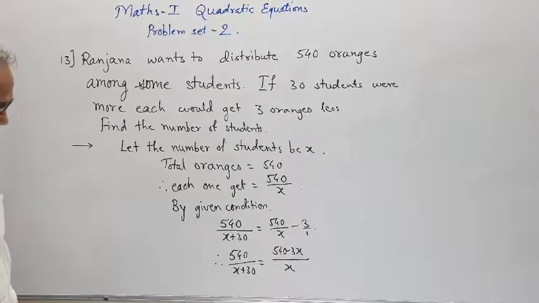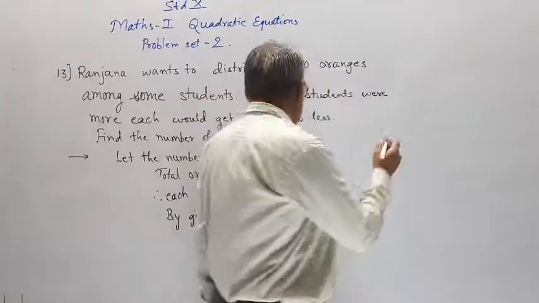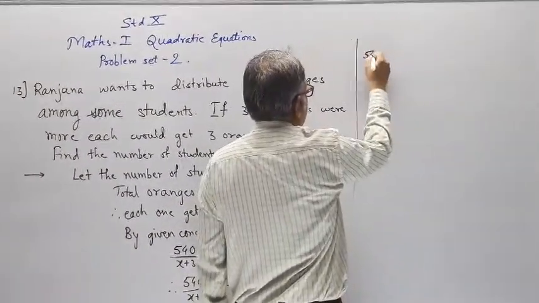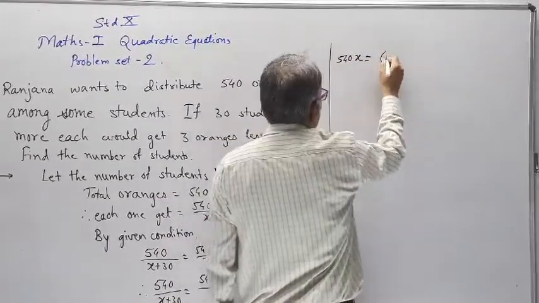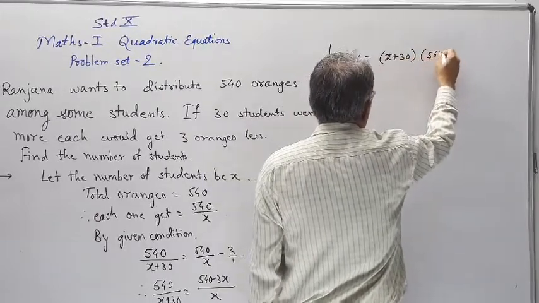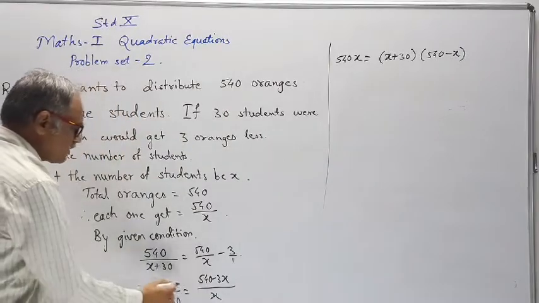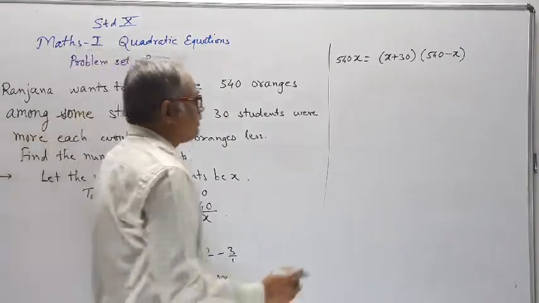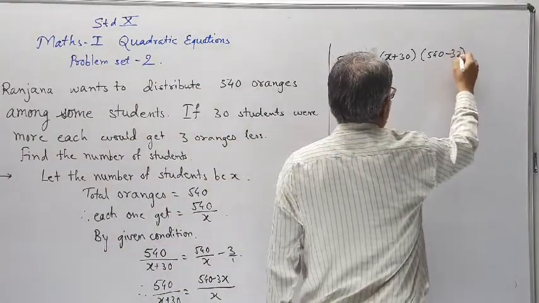Now we have to solve this by cross multiplication. Therefore, 540 into x is equal to one bracket x plus 30, other bracket 540 minus 3x. This is called cross multiplication. Sorry, 540 minus 3x, not x.